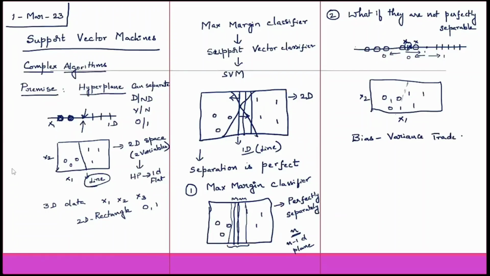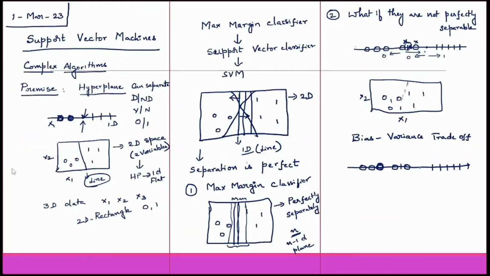Right? The bias-variance trade-off can come in here. Probably in this example, we can see it. If I have all my zeros somewhere here and all ones here, where do we put our separation?